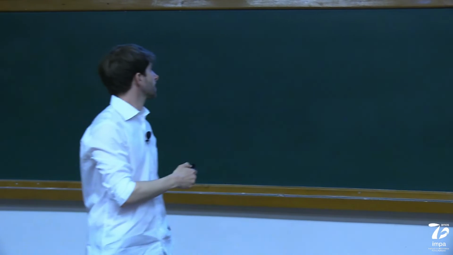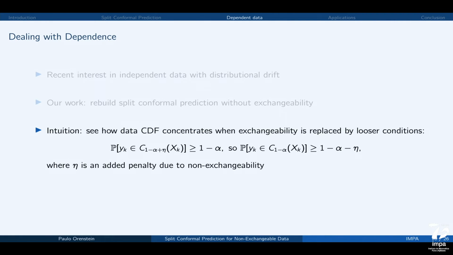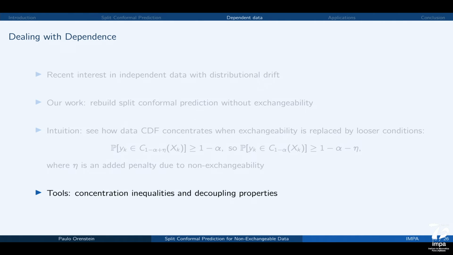Instead of using the set at C_{1-alpha}, we can use the set at some level C_{1-alpha+eta}, and this will achieve the level 1-alpha. Then we can rewrite alpha to get the probability: use the same confidence as before, but your probabilistic guarantees are getting hurt a little bit. We need to quantify this. This is the eta, which is the penalty due to non-exchangeability. The tools we're going to use for this are concentration inequalities and some decoupling properties of the data.